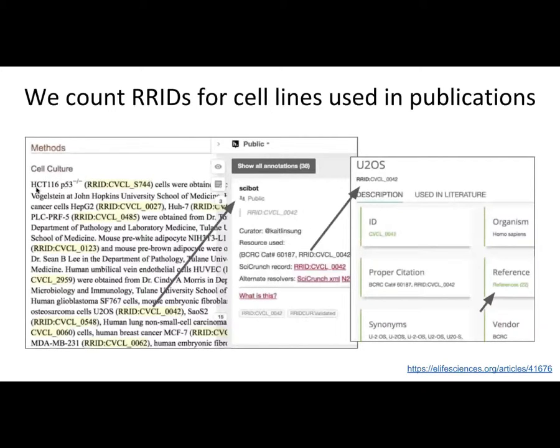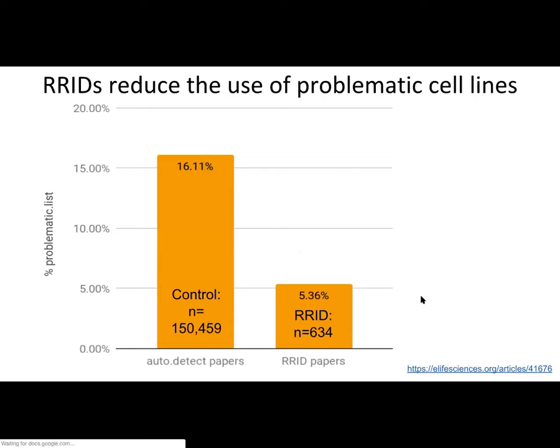This is a study where we have looked and annotated, using a semi-automated method, all of the RRIDs for all these various cell lines being used by this group of authors. And those annotations are made into our backend systems, and they become part of the record. You can see that this particular cell line was actually used in 22 different papers. All of this information is available to us, and it is, of course, available on each one of the pages on SciCrunch for each of the cell lines.